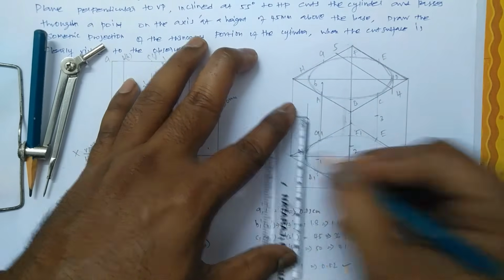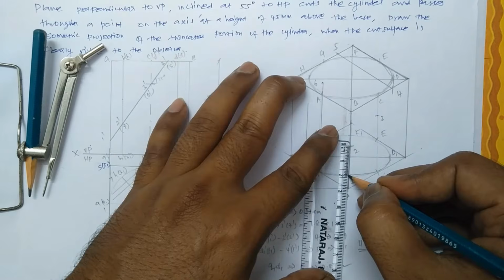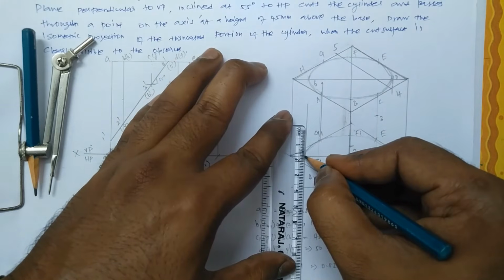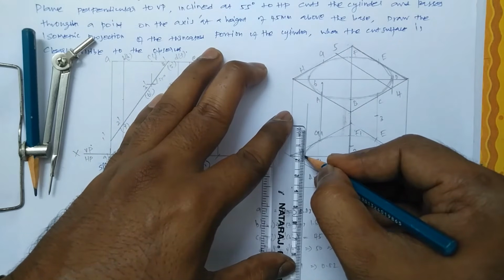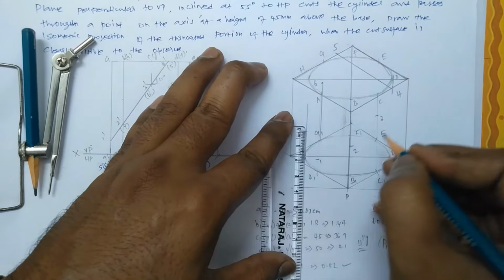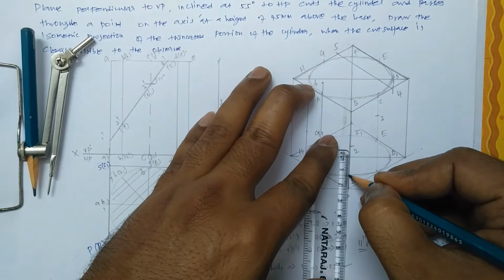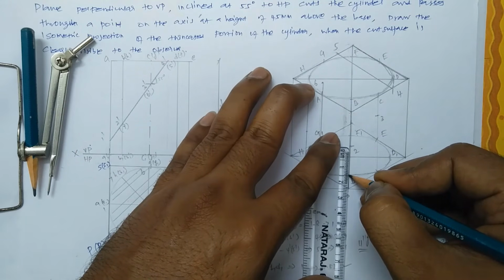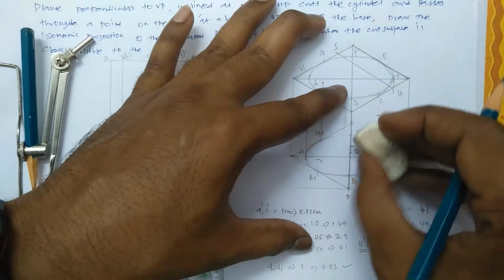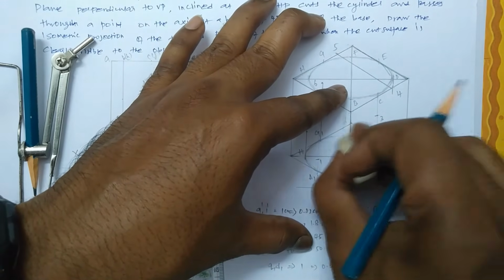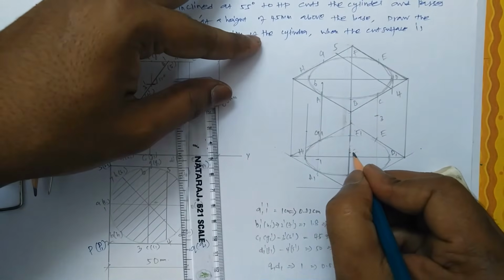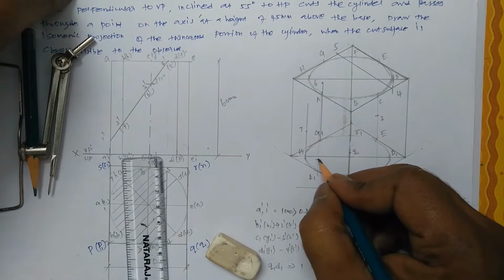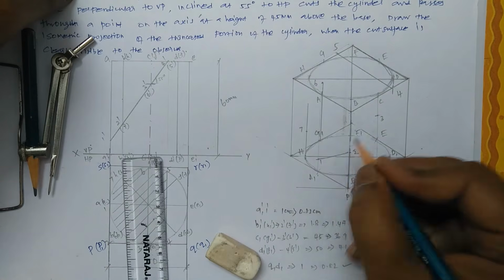That's the same. So I just marked all the points. Now you connect by a curve. Just connect by a curve. I just marked slightly large. I'm just starting from 1.